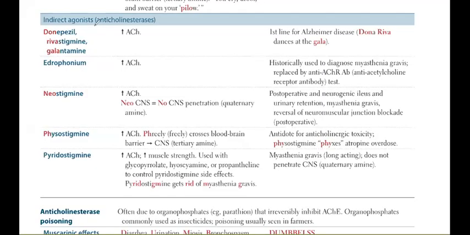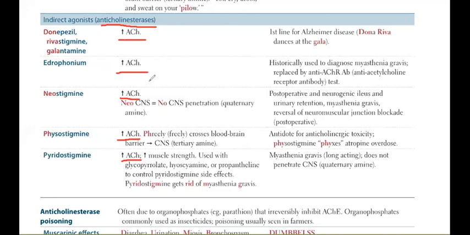So now you see, that is why another name for the indirect agonists is anticholinesterases, because they're working against the acetylcholine esterase enzyme. Okay, and in all the actions, you see there is an increase in ACh. So the main action will be the same because they lie in the same category.